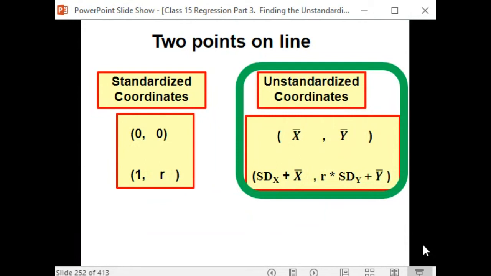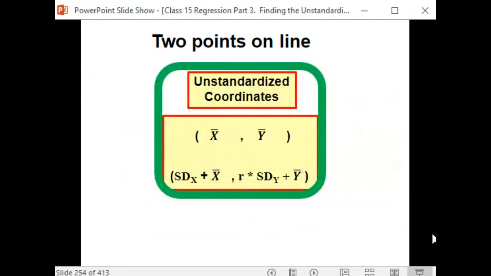So now we know the unstandardized coordinates of both the point of averages and the 1r point. This is a very good thing we've done, because we now have 2 points on the regression line, and we know their unstandardized coordinates. So we can now use these to calculate the line's unstandardized slope.